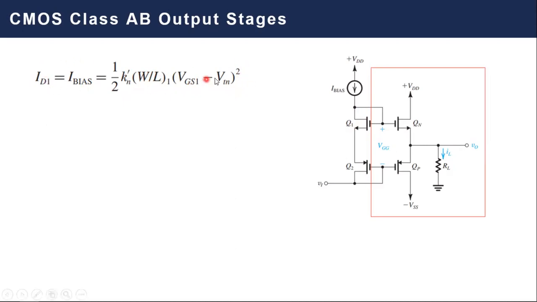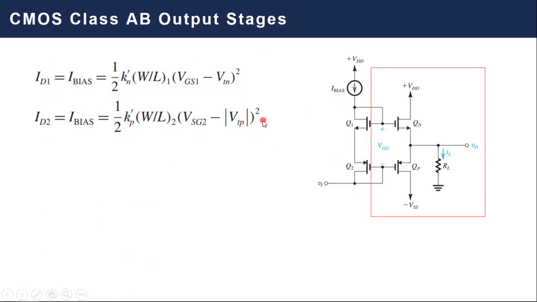I think you remember this equation from your Electronics 1, right? Similarly speaking, the same I bias is flowing in here too. So this current ID2 equals I bias equals Kp' over 2, W over L2, (VSG minus absolute V threshold) squared.